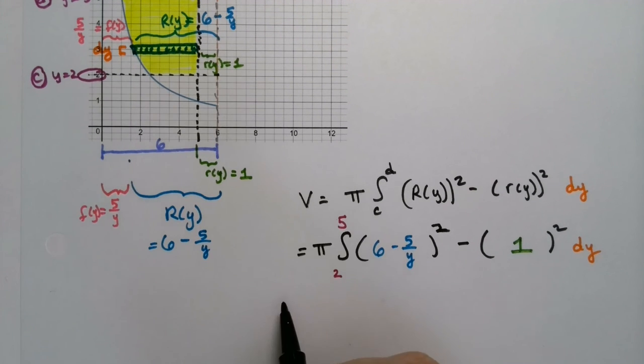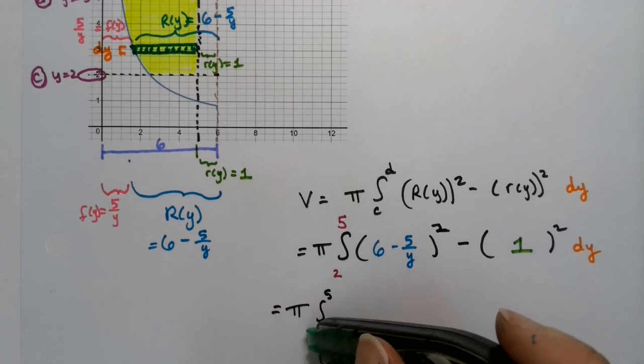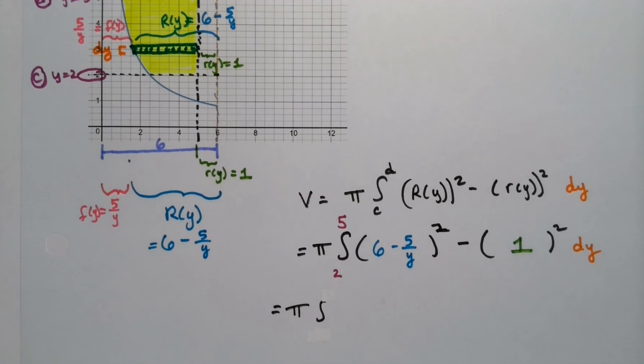All right, now what is that? This is pi integral from 2 to 5. Actually, I'm going to leave those as pink numbers, sorry. So this is 2 and this is 5.